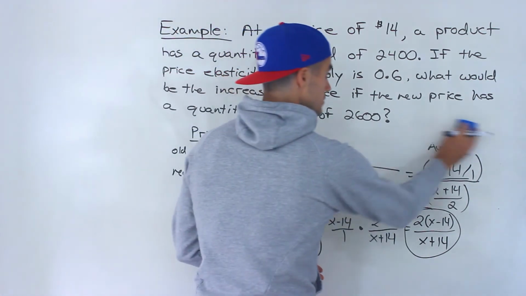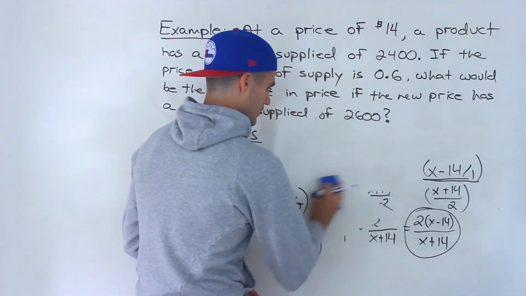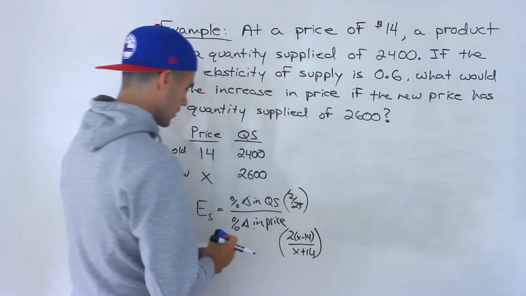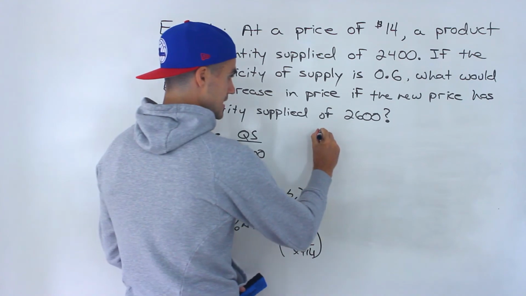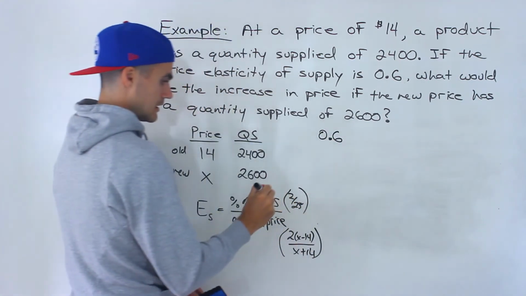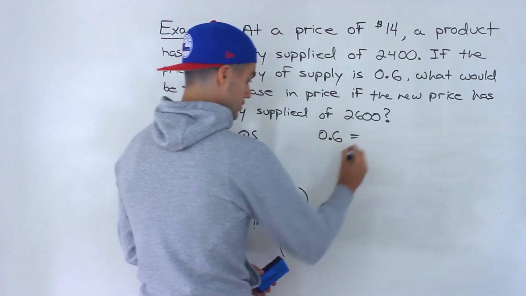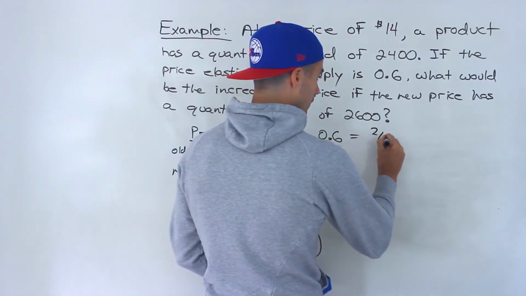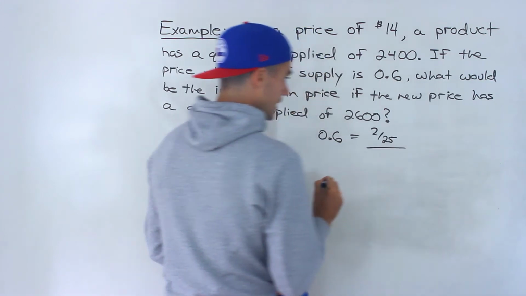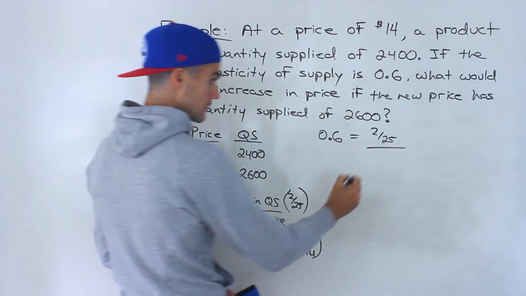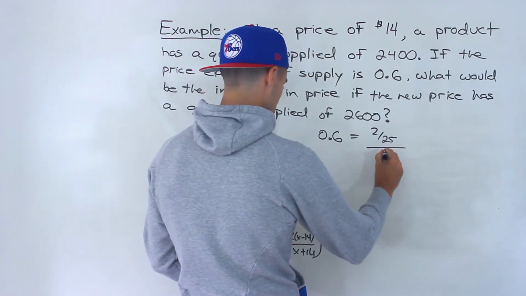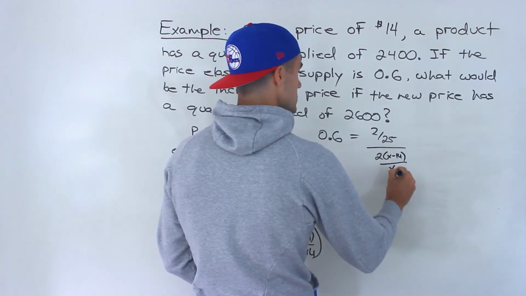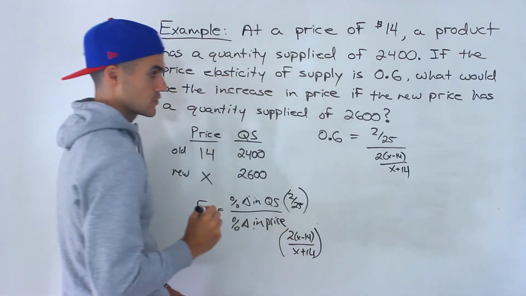So what I'm going to do now, here's where that final algebra is going to be. We can say 0.6 is equal to this numerator, 2 over 25, divided by this denominator, this whole thing, which is a fraction itself: 2 times x minus 14 over x plus 14.